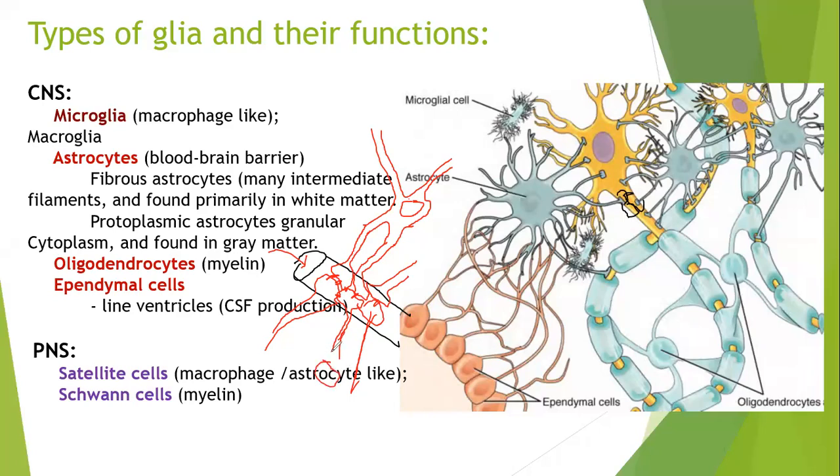So this one has some cytoplasmic extensions here. And this one covers also this area. So you can see, like in this case, I have drawn two astrocytes with a nucleus, one here and the other one here. So probably I have a third astrocyte here. And this one will cover this area.